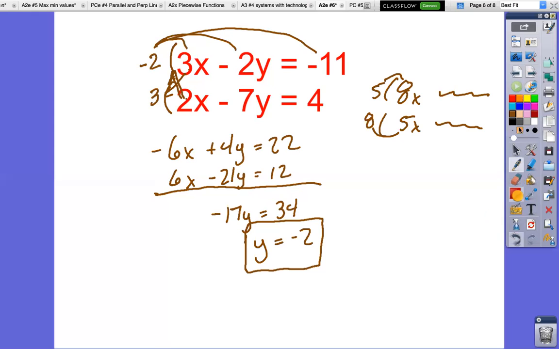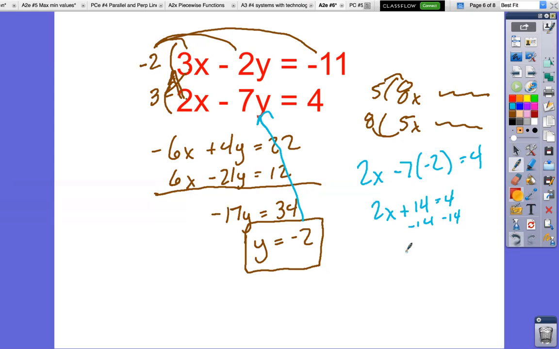So that just gave us more options. I'm going to go ahead and plug it into what I think is the easiest, which is the bottom one right here. So again, if y is negative 2, I plug it in. Negative 7 times negative 2 is positive 14. Subtract 14.